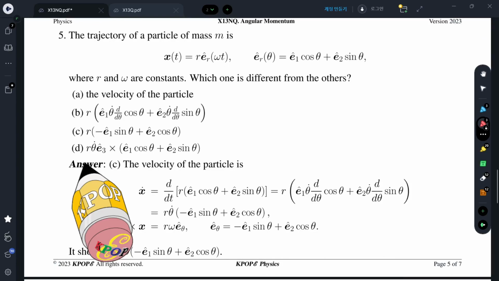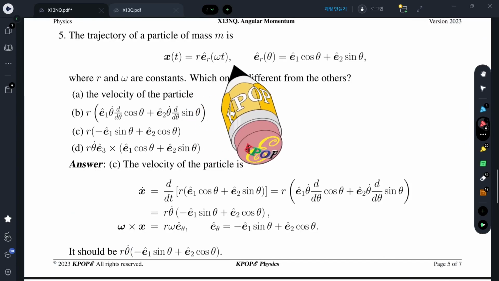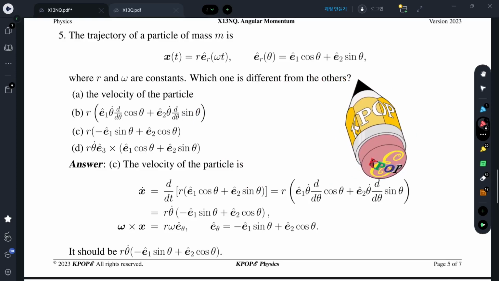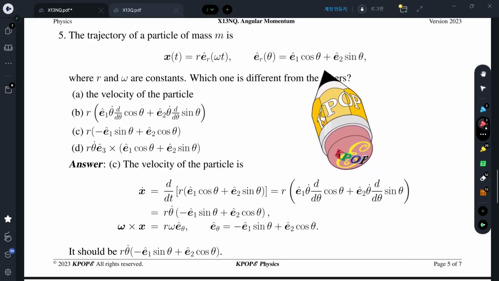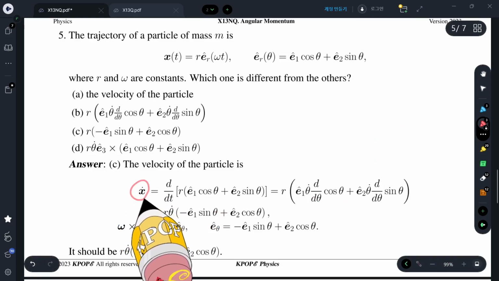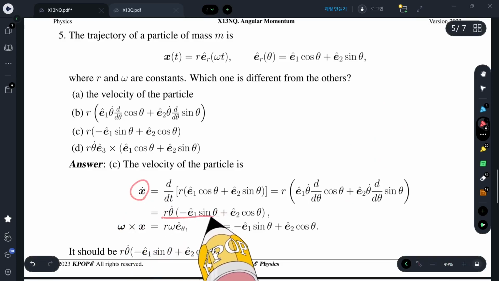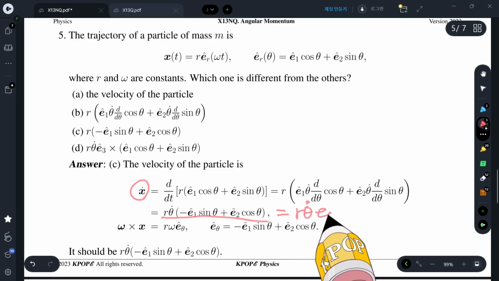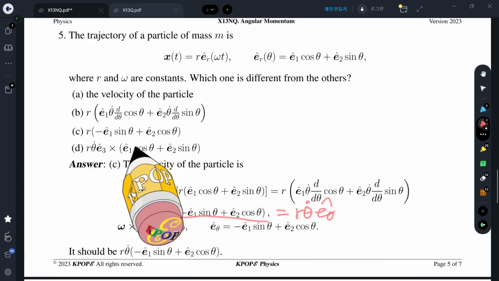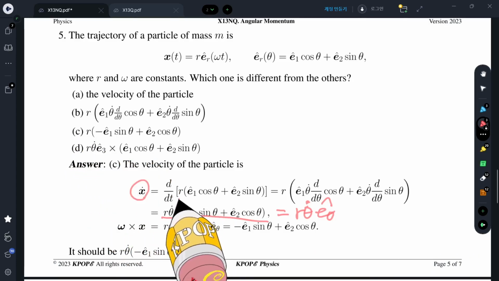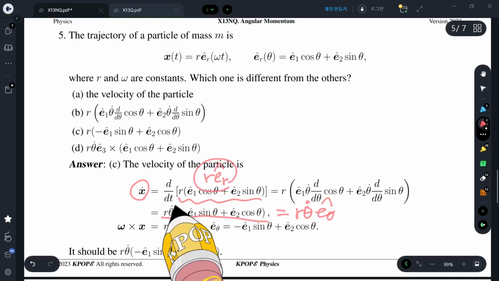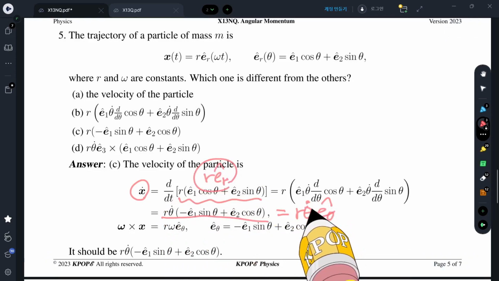The trajectory of a particle of mass m is like that. Which one is different from the others? Let's compute the velocity of the particle. We have already computed this: r theta dot E theta hat. To compute this, this is r times ER hat, and we take the derivative.